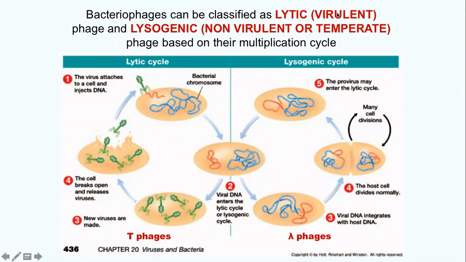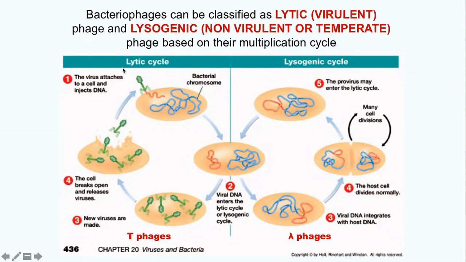Lysogenic phages are also known as non-virulent or temperate phages. Lytic phages multiply through a cycle known as the lytic cycle, and lysogenic phages multiply through a phase known as the lysogenic cycle. Let's check out each in detail.